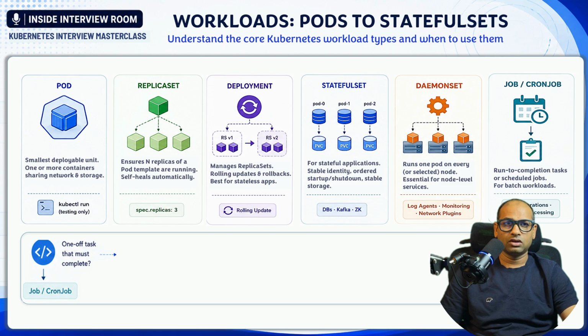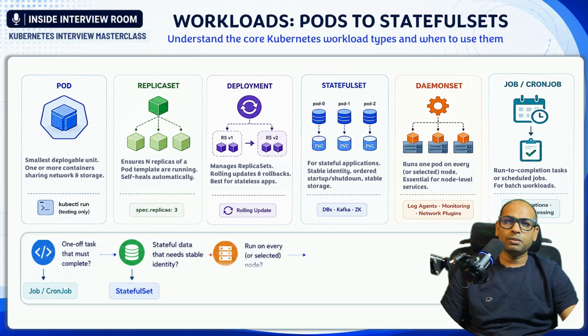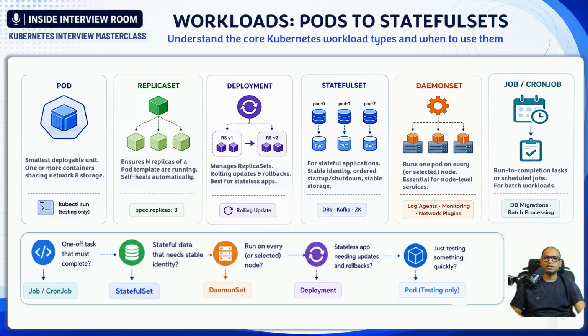Job or CronJob. Does it need stable identity and its own storage? StatefulSet. Does it need to run on every node? DaemonSet. Is it a stateless app that just needs updates and rollback? Deployment. And if you are just testing something quickly, a bare pod and only then.